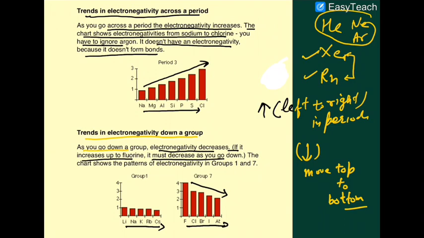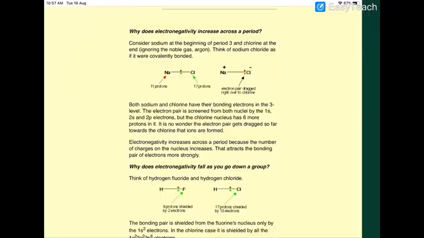In any case, if you go from oxygen, then to sulfur, then to selenium, in all the cases what will happen? It decreases. So top to bottom in the group, it decreases.